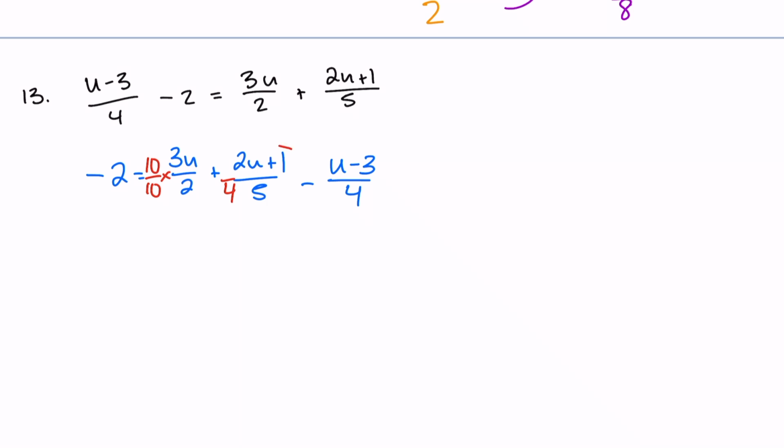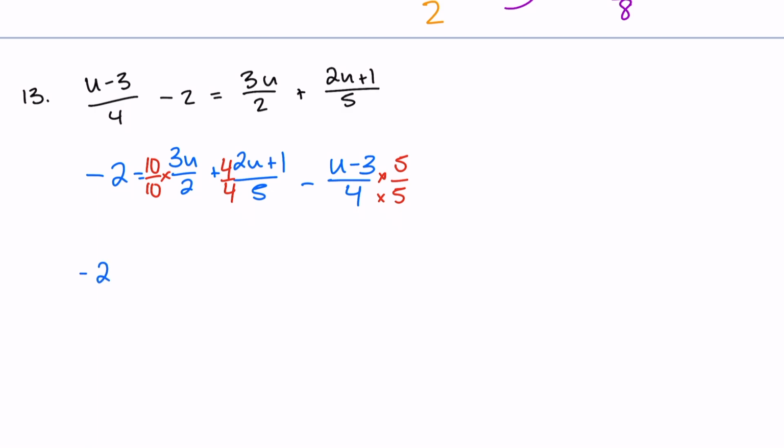And since I want to multiply this entire thing by just 1, I need to make sure the numerator is also 4. So I'm multiplying by 4 divided by 4, which is 1. And for this one over here, in order to get 20 in the denominator, I need to multiply by 5. So what I do to the bottom, I must also do to the top, so that I'm just multiplying by 1. Now I'm going to rewrite this in the next line.